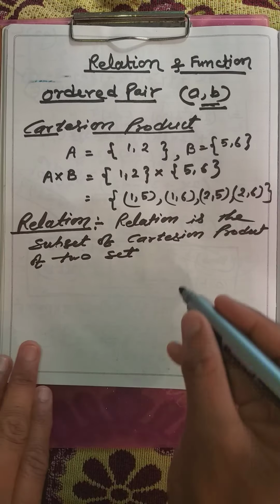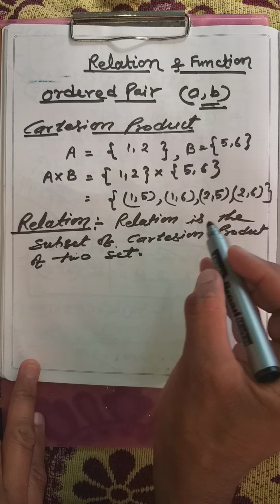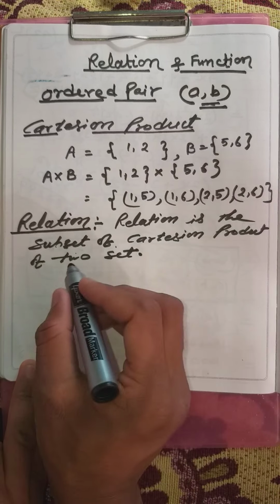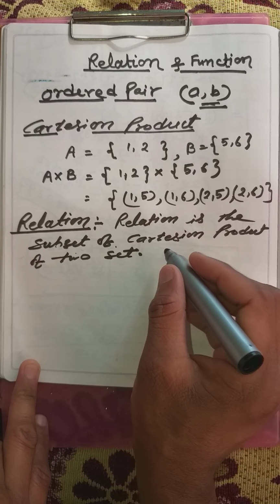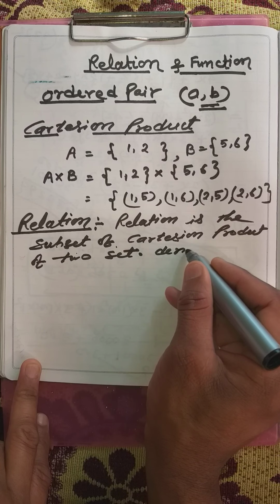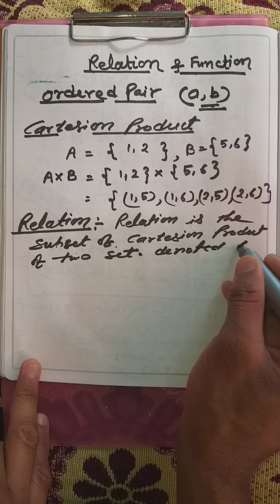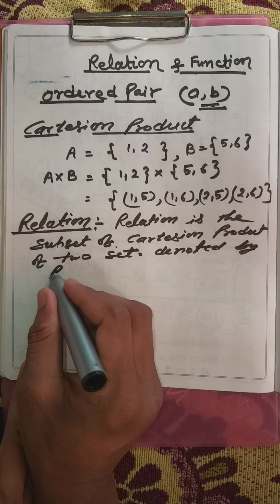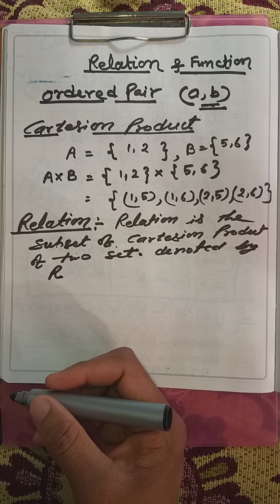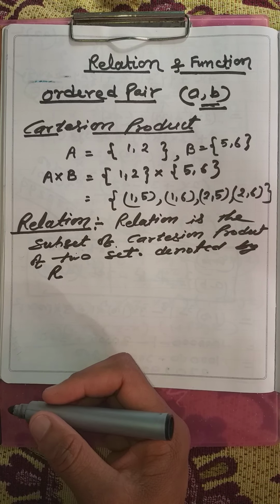This is the definition of the relation. The relation is a subset of the Cartesian product of two sets, denoted by the capital R.